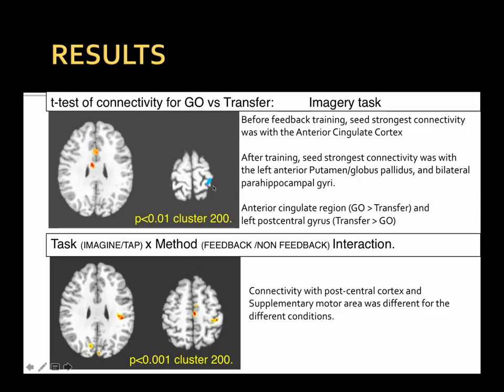And what we see is that the connectivity, not only in the motor cortex, got bigger, sorry, with certain areas that are interesting. So the anterior cingulate is related to the monitoring of the task, right?